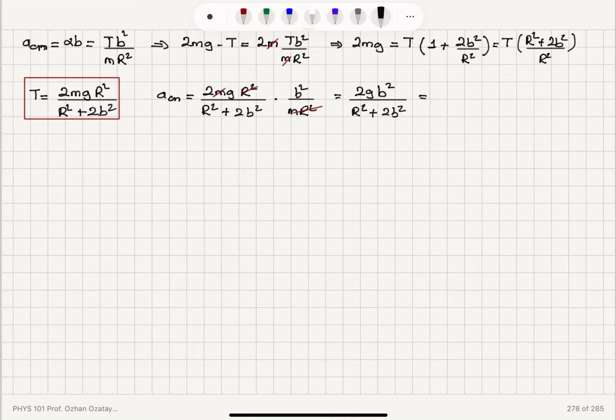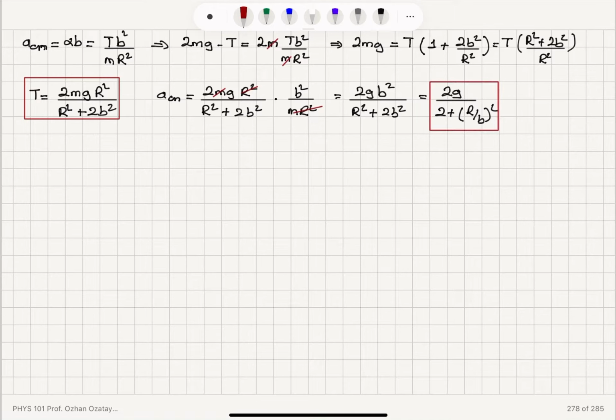Now, in order to get this dimensionally easy to follow, we divide the top and bottom with b squared. So it's going to be 2g divided by 2 plus (capital R over b) squared. Now you can see that this has the unit of acceleration, which is the unit of g.